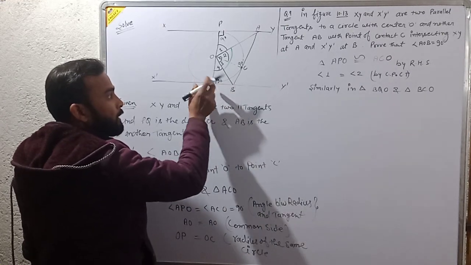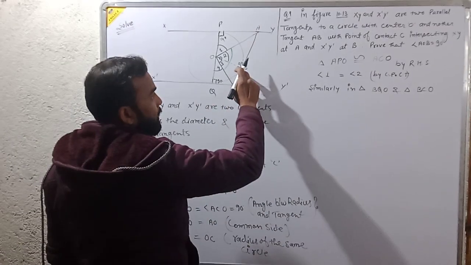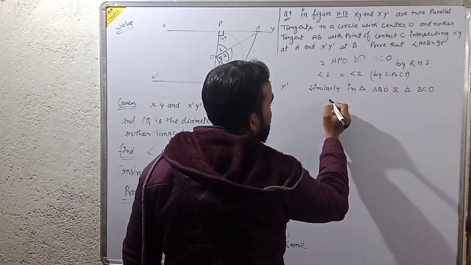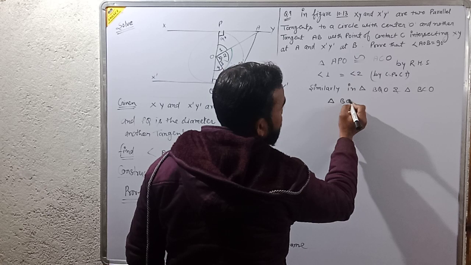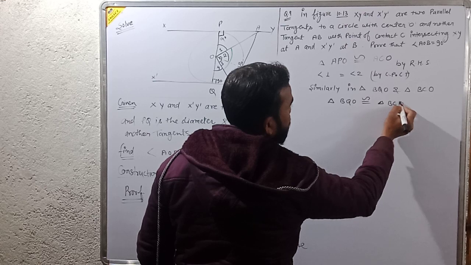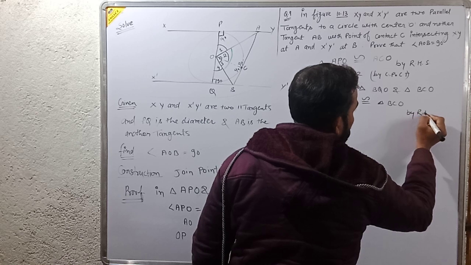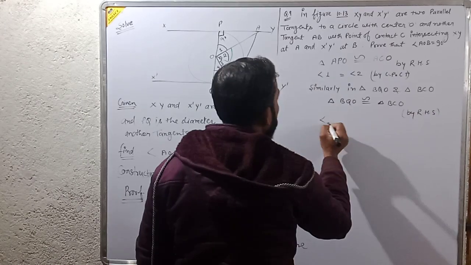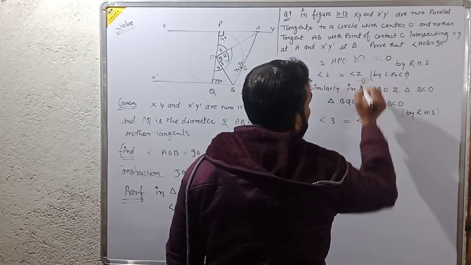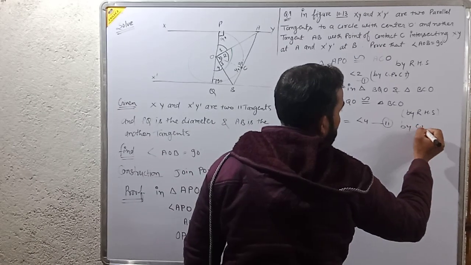The angle formed between tangent and radius is equal to 90 degrees. Similarly, angle C is also equal to 90 degrees. So triangle BQO is congruent to triangle BCO by RHS. So angle 3 is also equal to angle 4. This is equation number first and this is equation number second by CPCT.